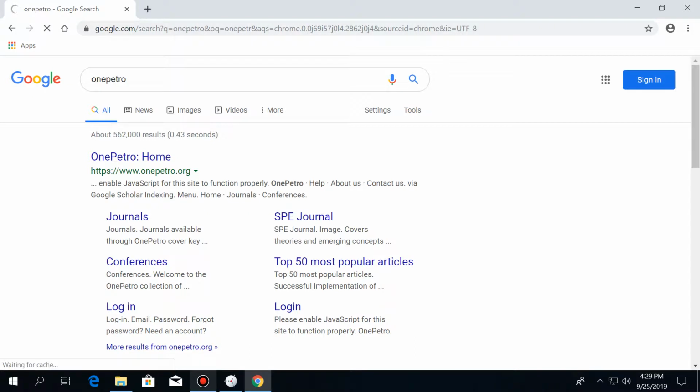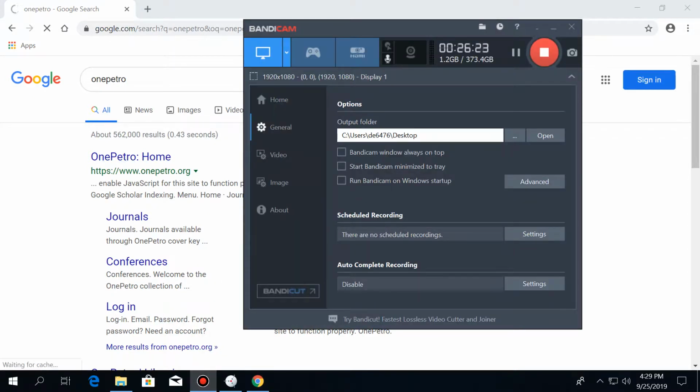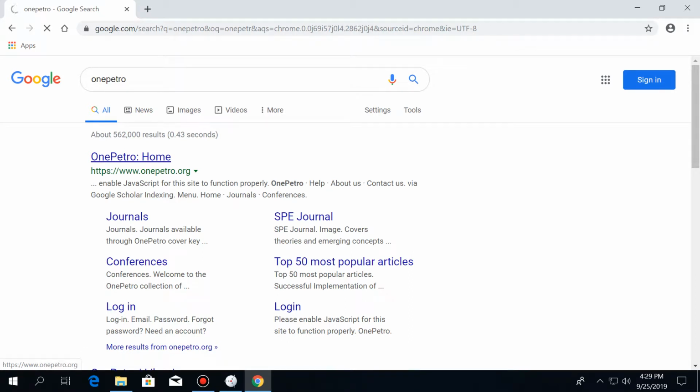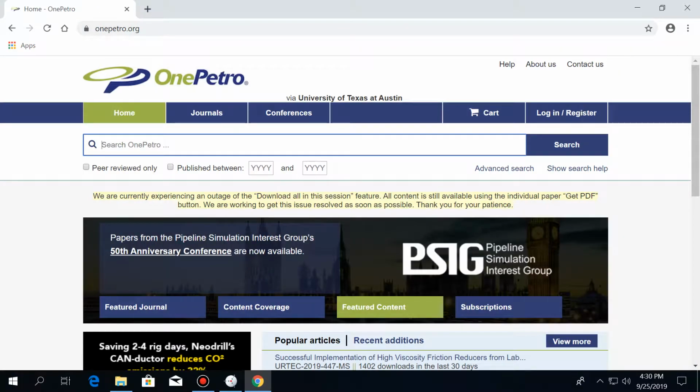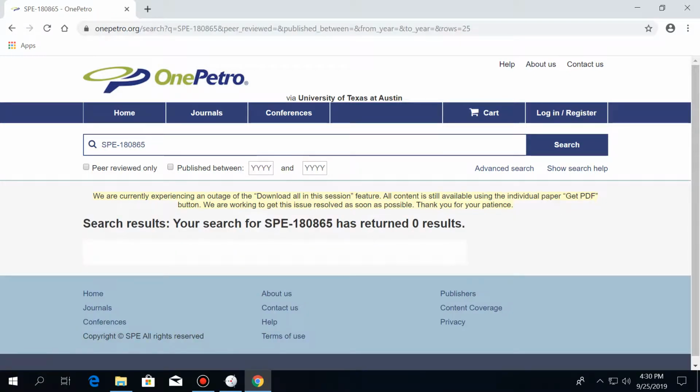Come on. It's a little bit slow. All right, there we go. So here we want to look for the paper, which is SPE 180965. 9965, thanks.